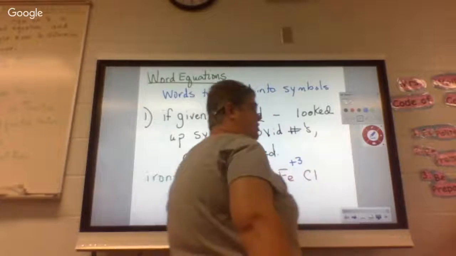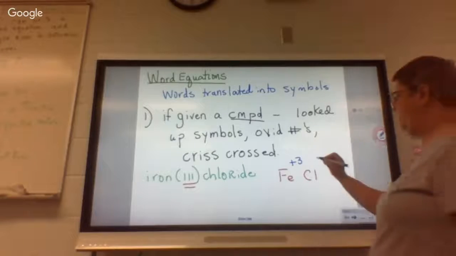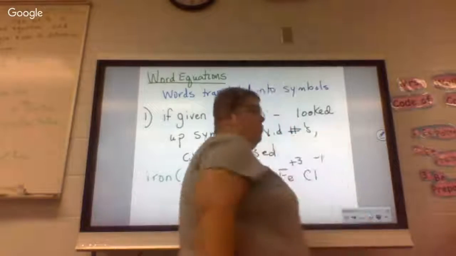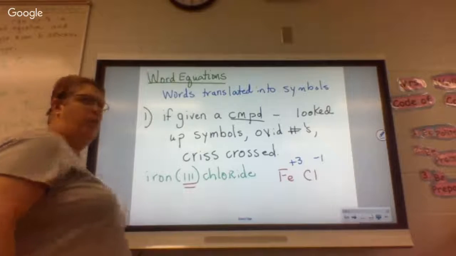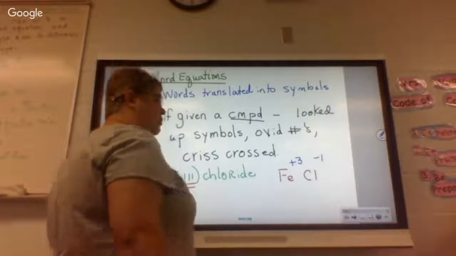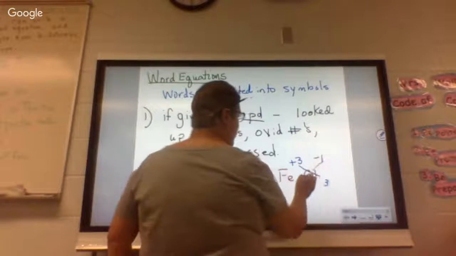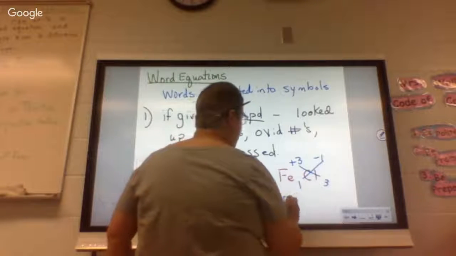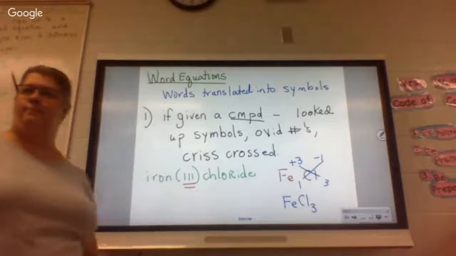Chlorine being last, you would pick the negative number off the sheet. It happens to be a -1. When I crisscross, do I keep the positive or the negative? No, you drop them both. You only crisscross the number. So the 3 comes down, the 1 comes down, and you have FeCl3.